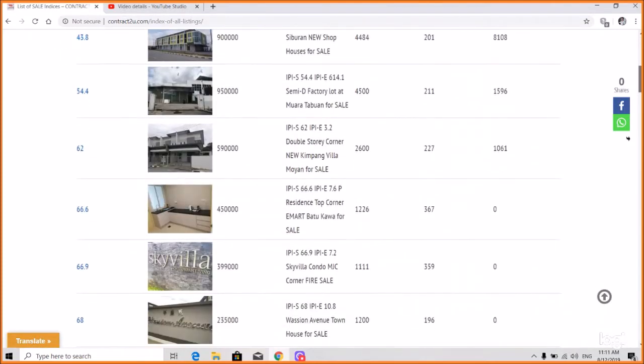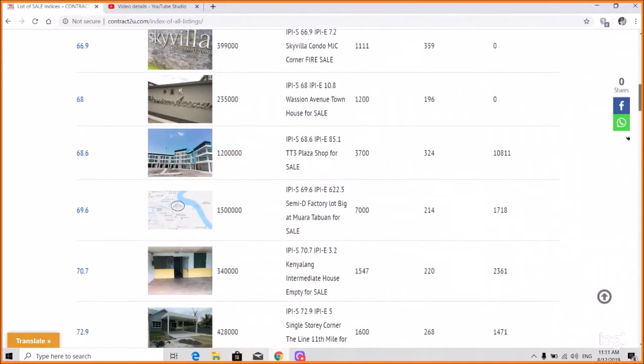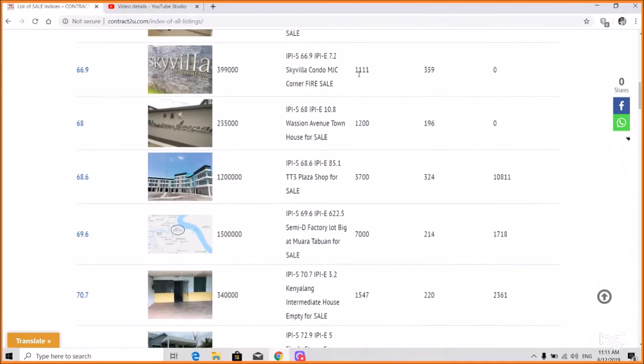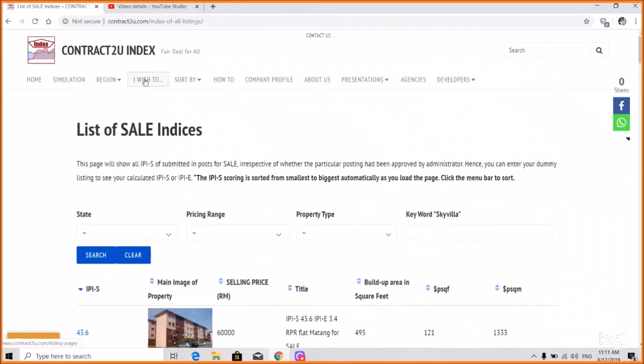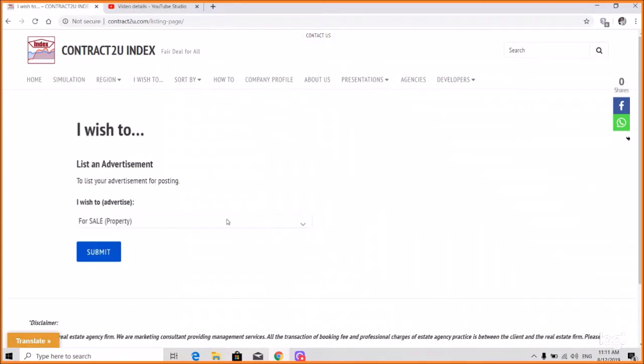So for example, the Sky Villa house, which is 1,111 square feet, has an IPIS of 66.9 and an IPIE of 7.2. So how do we get these two numbers? It is by keying the factors into the listing. So let us try one listing.